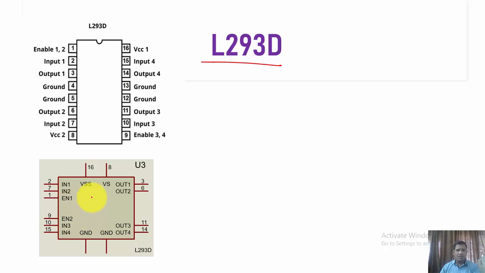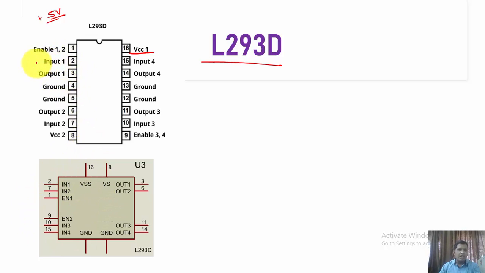The equivalent IC implementation, which is present in the Proteus library, is shown here, right? As said, it is a 16-pin IC, and generally we are going to give the plus 5 volt supply to this VCC1 pin. Okay, so here if you see, we have this different configuration.